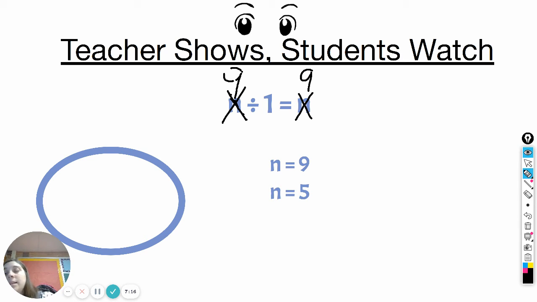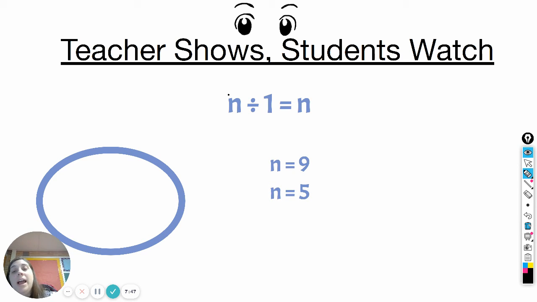So I have 9 dots. 1, 2, 3, 4, 5, 6, 7, 8, 9. I divided them into one group, so that's why I have my one circle. Well, how many dots does that equal per group? That equals 9 dots per group. So any number divided into one group will equal that number. So 9 divided by 1 equals 9.